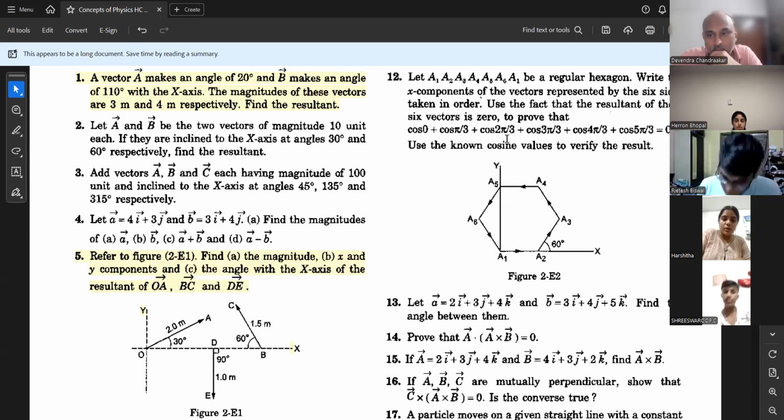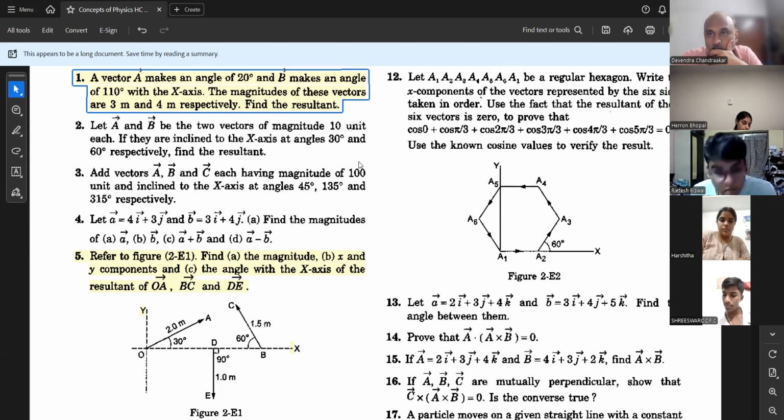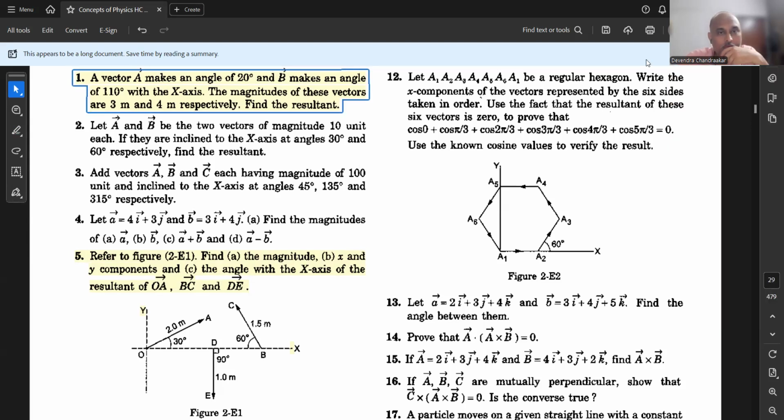Sri Swaroop, able to solve? Okay. So solve this one also. Fifth question.